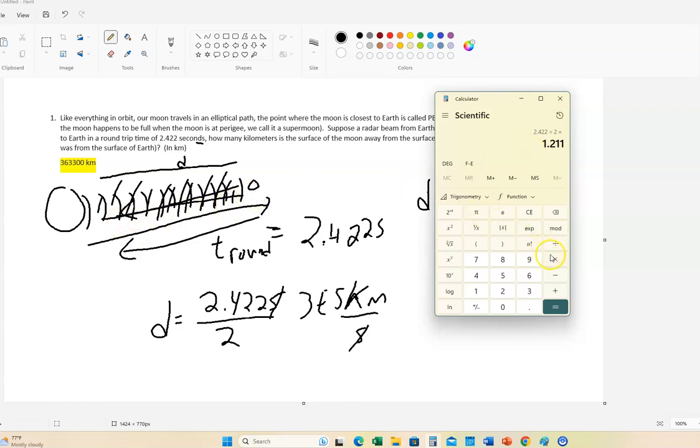Then we multiply that times the speed of light, which is 3 times 10, using the EXP button, to the 5th kilometers per second. The seconds canceled, as I showed you, and that will give us exactly the number that we got right there.